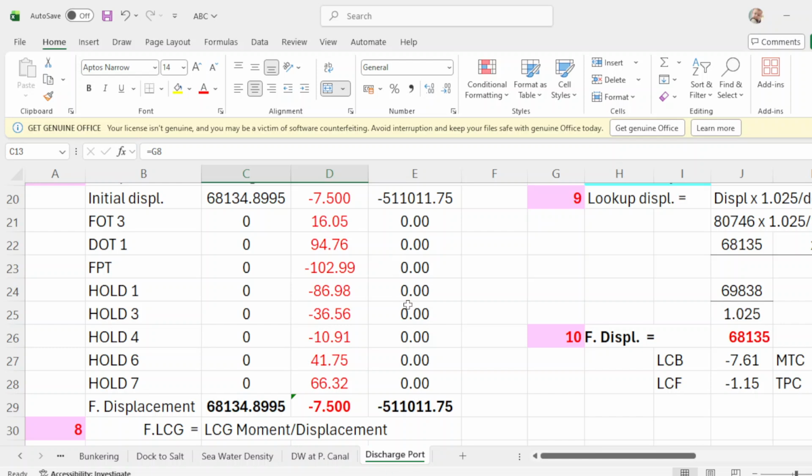68134.9, and your total LCG moment is 511011.75, which is the same.